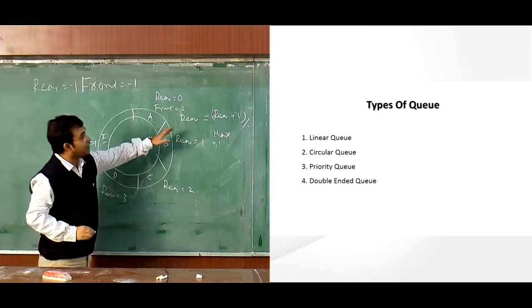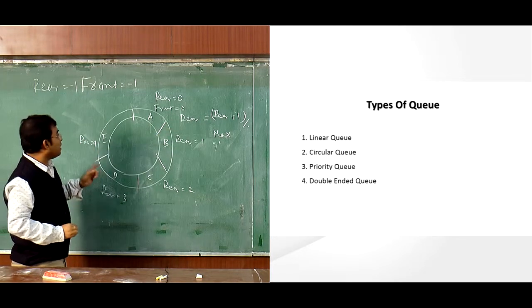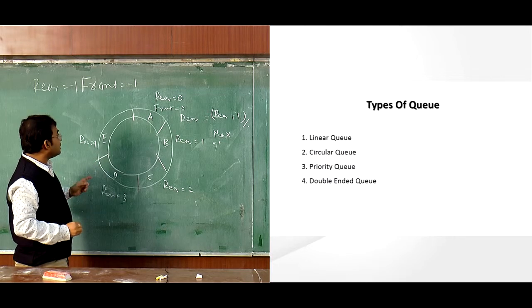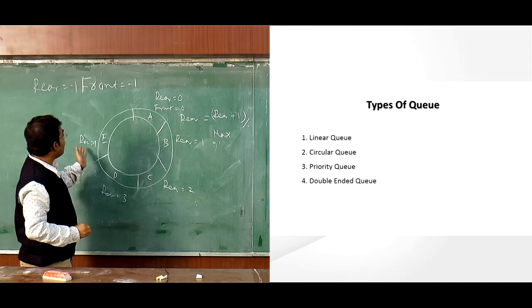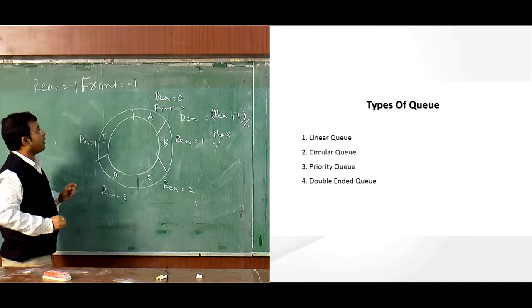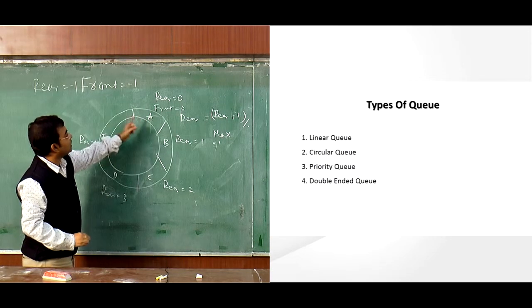This is the way we can increment. But now I will show you how it is possible to insert a new element after the position 4. Suppose we have deleted an element from this queue.